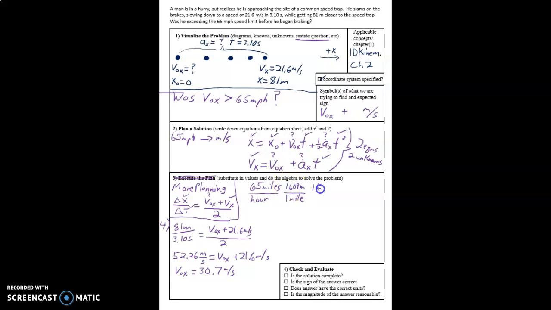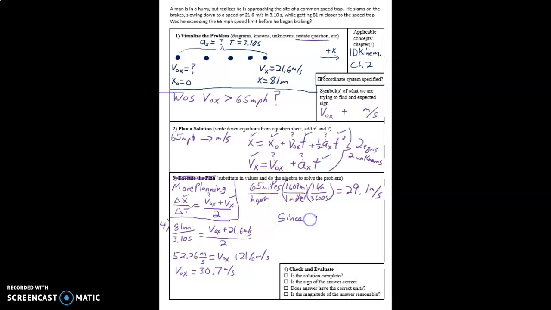And we can say that 1 hour is 3,600 seconds. 65 times 1,609 divided by 3,600 is 29.1 meters per second. Hours canceling, we get miles canceling. There we go.